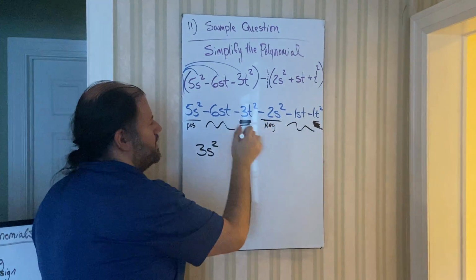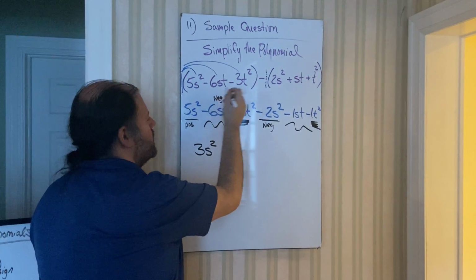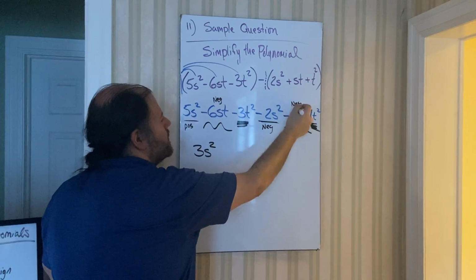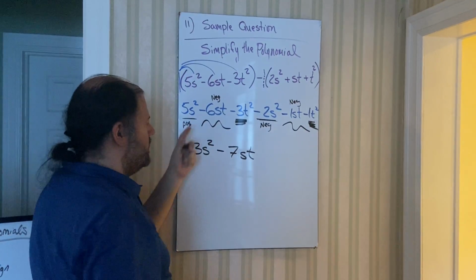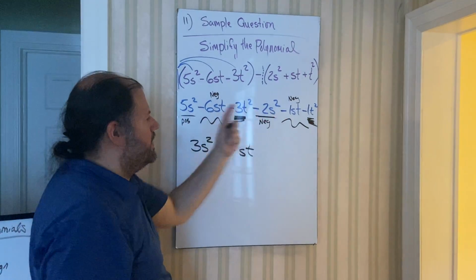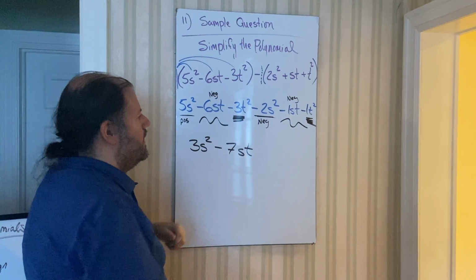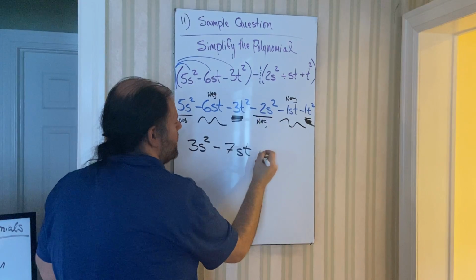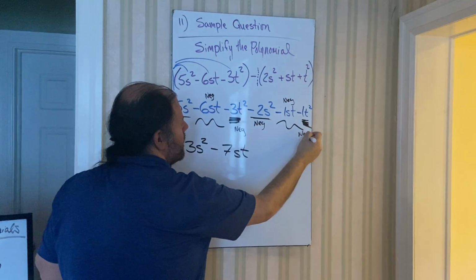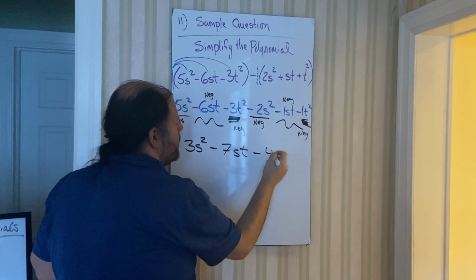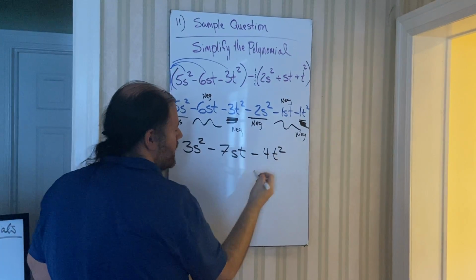This and this, 2 negatives, you're going to add. So we get a negative 7st. Remember who wins the tug of war? 6 players versus 1. That's the reason why it's negative. And this, 2 negatives, again add, and you get negative 4t squared.